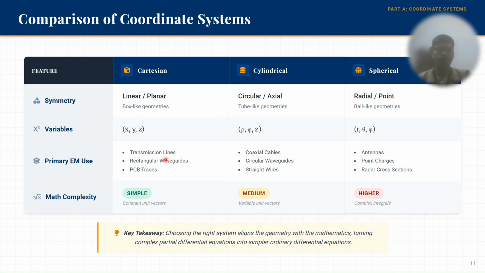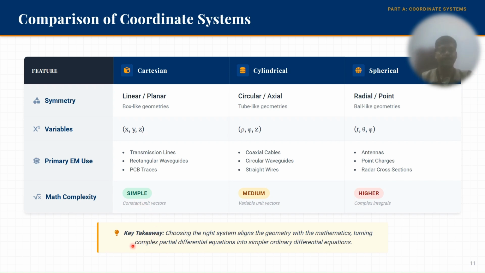Primary use, already mentioned: Cartesian is used for transmission lines, rectangular waveguides, PCB traces. Cylindrical is used for coaxial cable, circular waveguide, and straight wires. And spherical is for antennas, point charges, radar cross sections. The mathematical complexity is higher for spherical, and for Cartesian it is simpler.